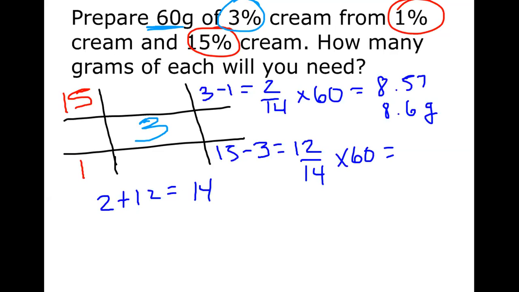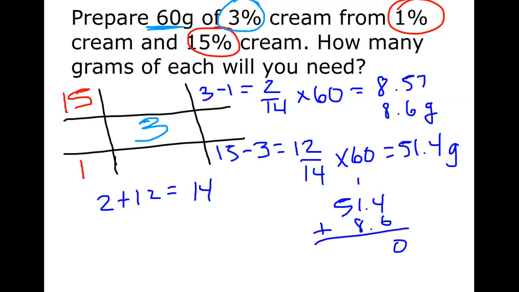And then this one gives you 51.4 grams. Now let's make sure we got the correct answer. So 51.4 plus 8.6 gives us 60 grams, which is what the prescription called for.